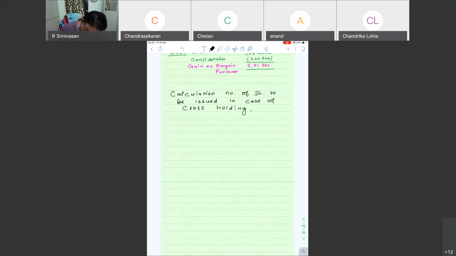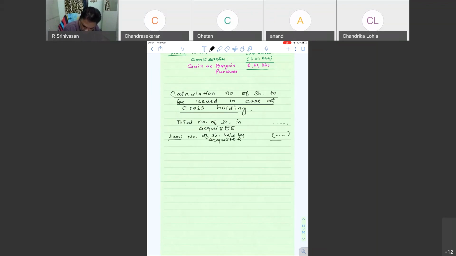First is the total number of shares in acquired, less the number of shares held by acquirer, that will be subtracted.